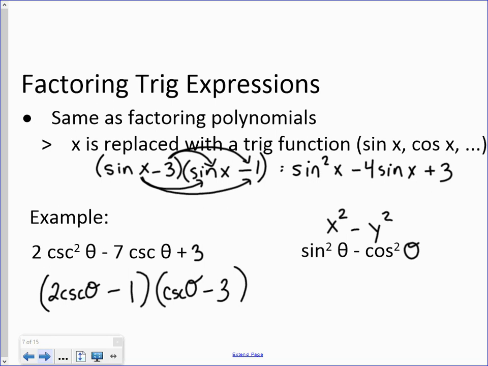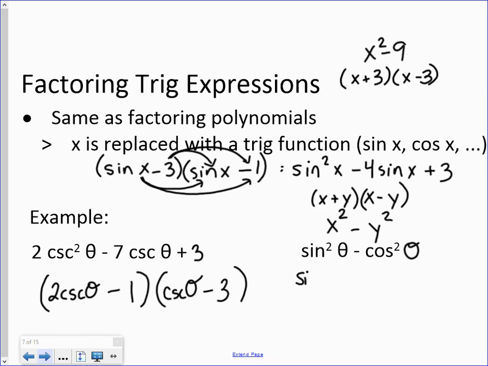These are both perfect squares. So if I gave you something like x squared minus 9, you would tell me that factors as x plus 3, x minus 3. So x squared minus y squared would be x plus y, x minus y. And sine squared theta minus cosine squared theta would be sine theta, what would I put after that?